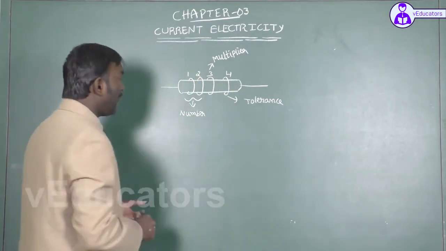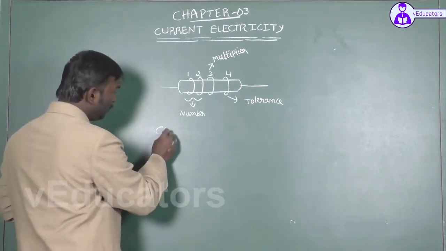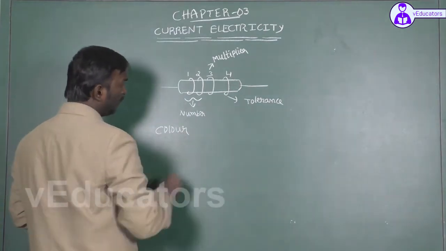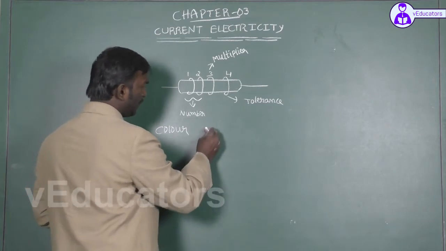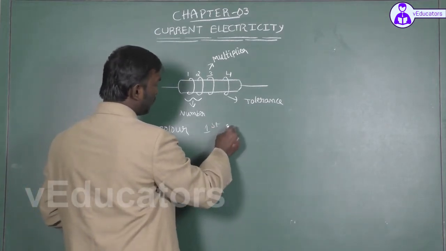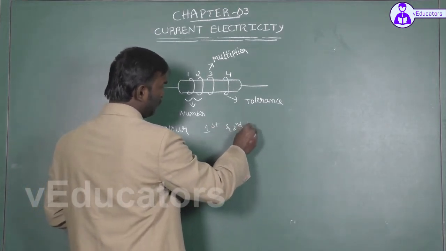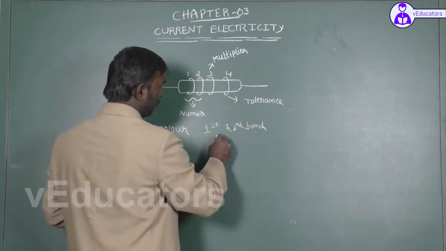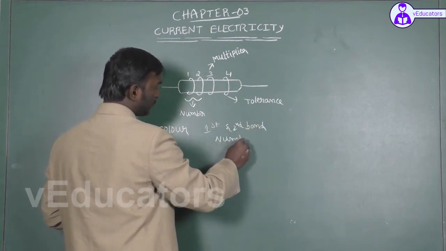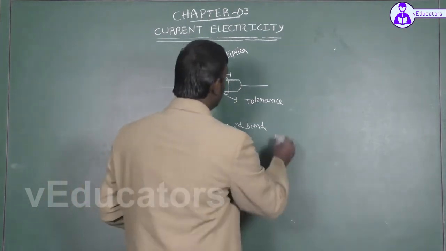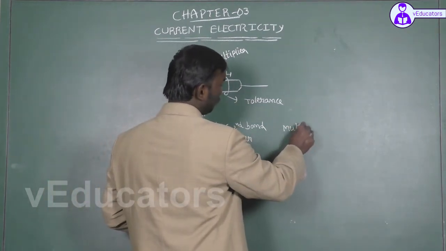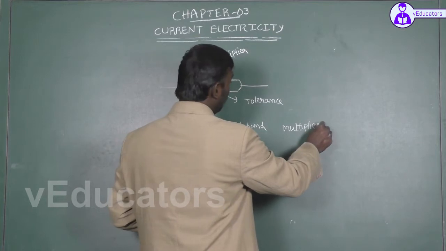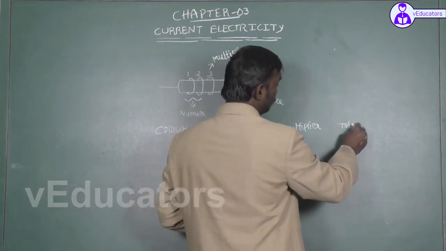Now, I should remember the order. The first and second bands represent numbers, the third one is the multiplier, and the fourth one is the tolerance.